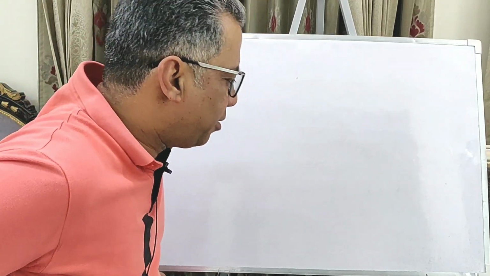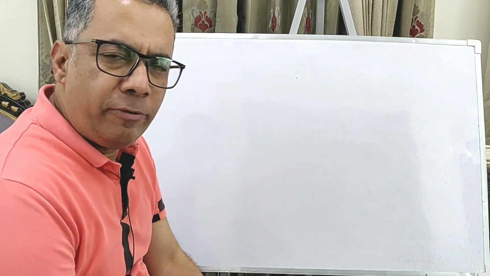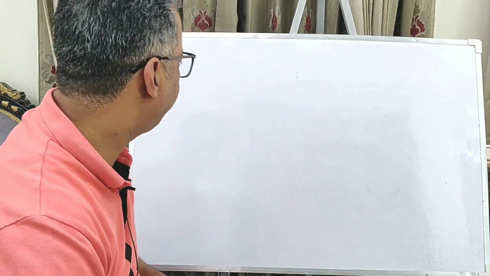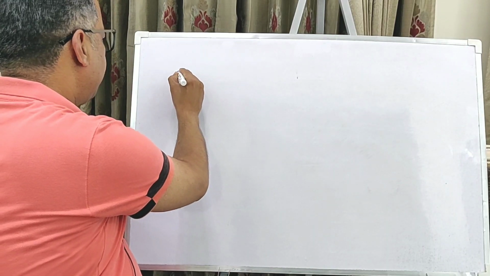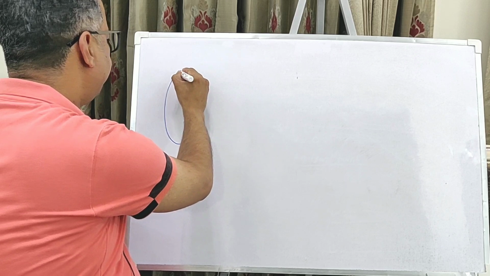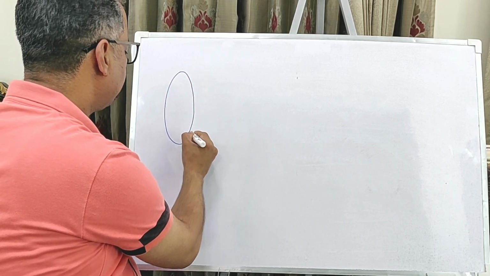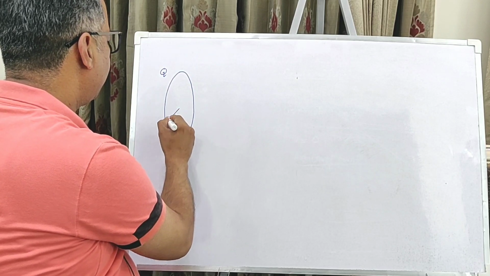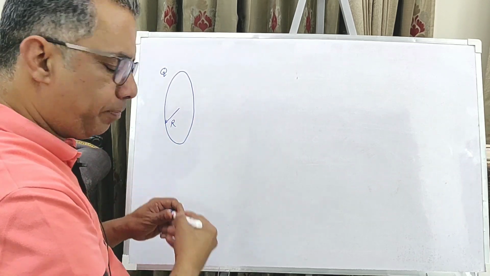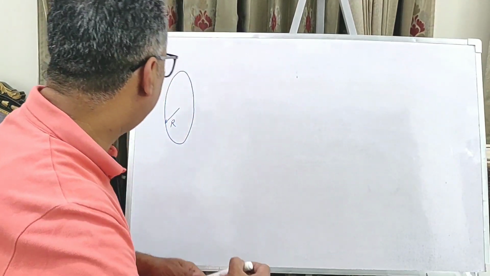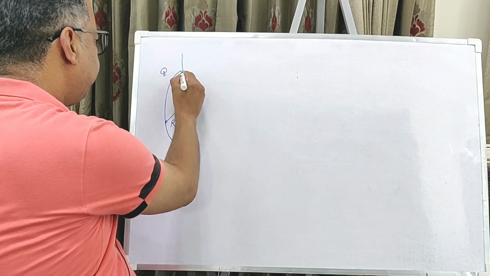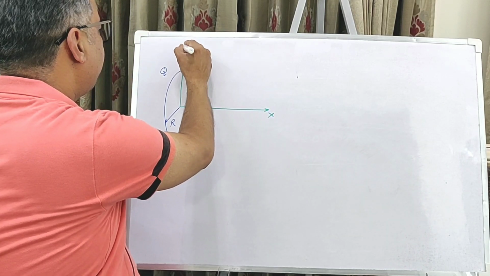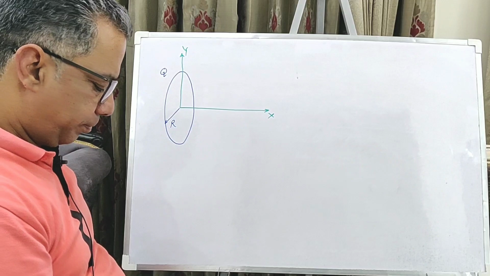We will now be calculating the potential of a uniform circular ring carrying a uniformly distributed charge. So this is the ring. It carries a charge Q and has a radius R. It's kept in the YZ plane, and the x-axis is the axis of this ring.